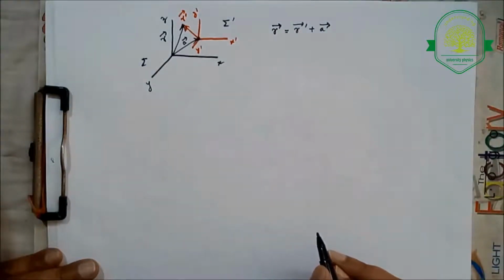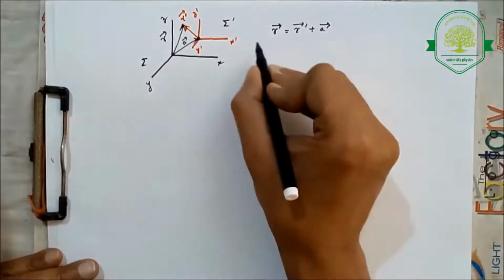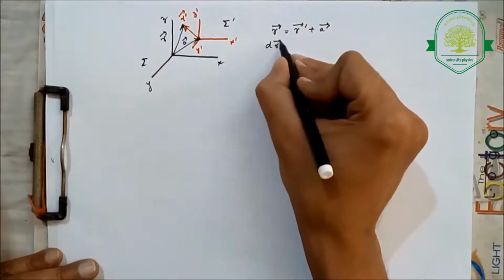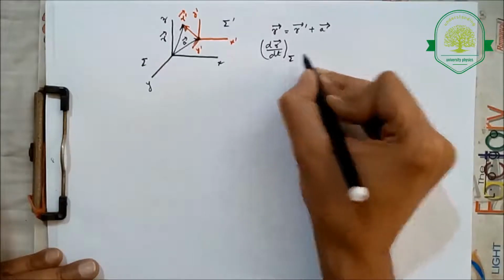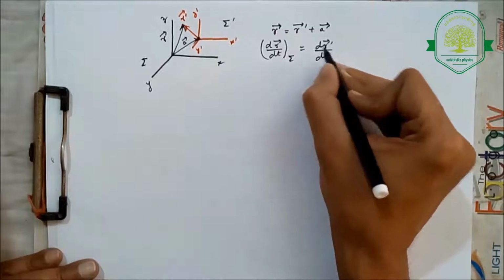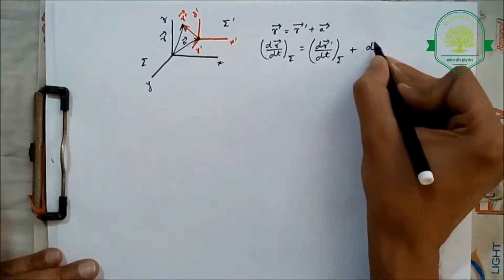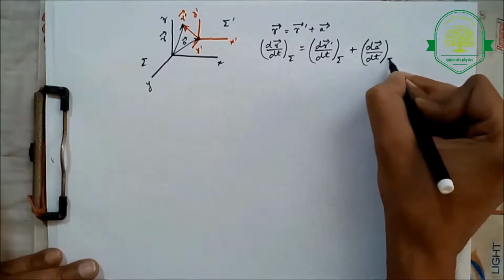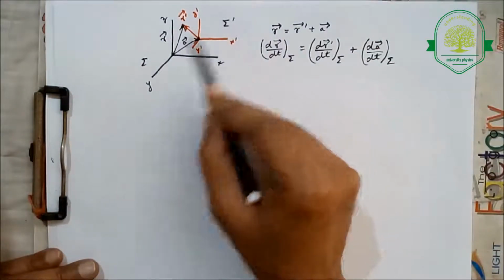If I now differentiate both sides with respect to time as seen from the sigma frame, I can say that dr over dt as seen from the sigma frame equals dr primed over dt as seen from the sigma frame plus dA over dt as seen from the sigma frame. dA over dt as seen from the sigma frame is the velocity of the sigma primed frame as seen from the sigma frame.